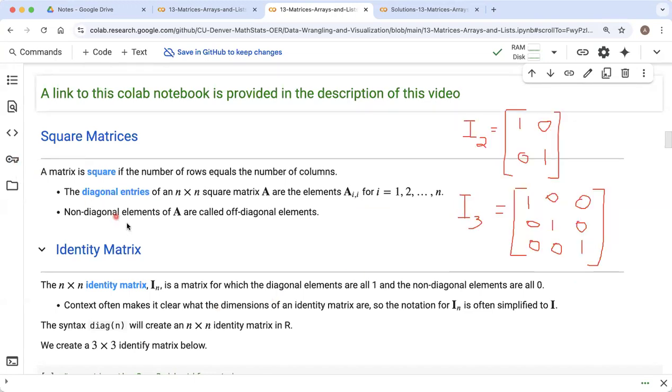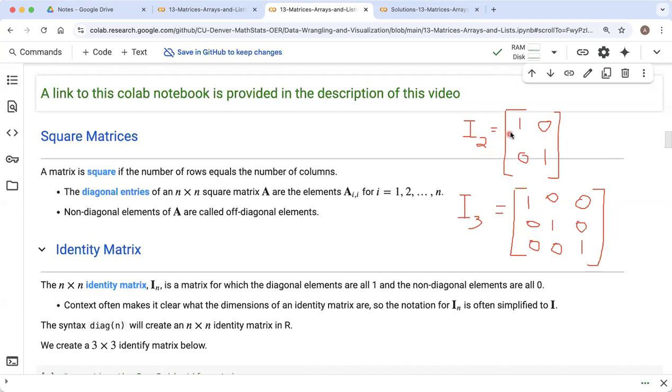And then we have a very special type of square matrix, which is called an identity matrix. The identity matrix comes in different sizes, but it is a square matrix, first of all, such that all of the diagonal values are equal to 1, and all of the off-diagonal or non-diagonal entries are equal to 0. What I've written over here, I2, is the 2 by 2 identity matrix.